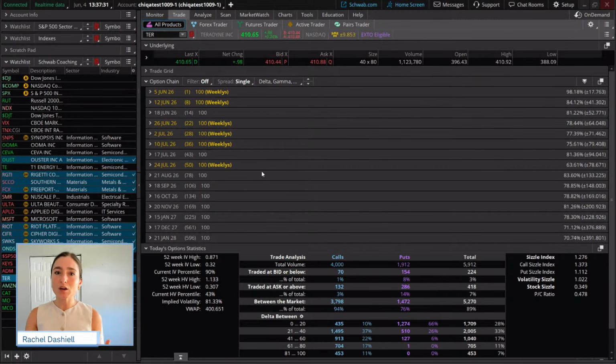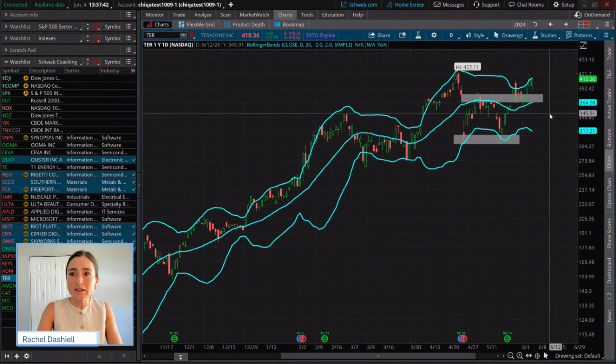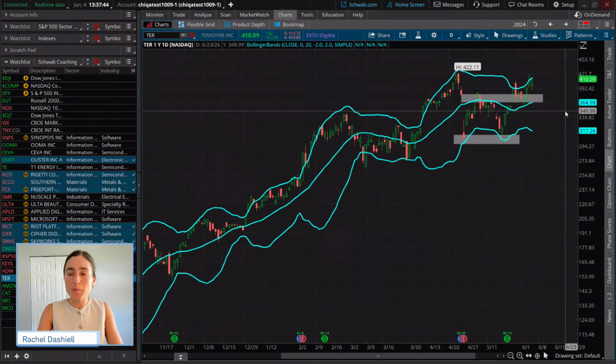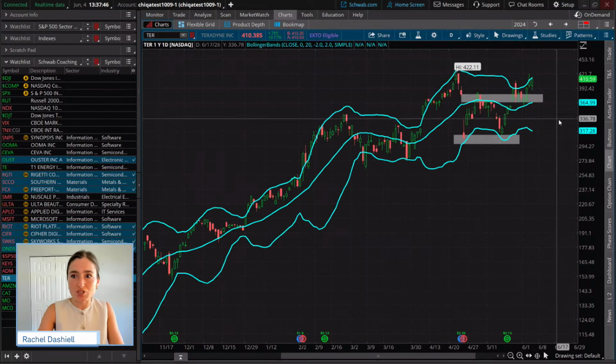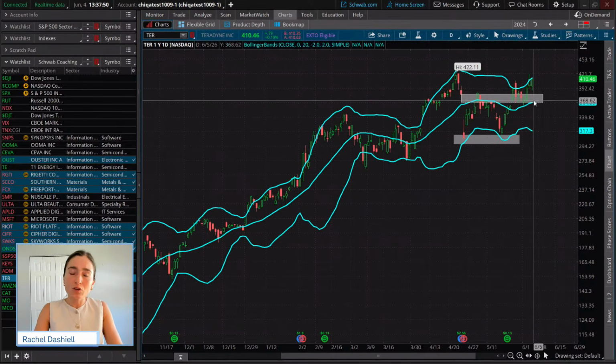But right now, you still see that volatility in this name is pretty elevated. So a current implied volatility percentile of 90 could tell us, hey, maybe now is a better time to be selling options.